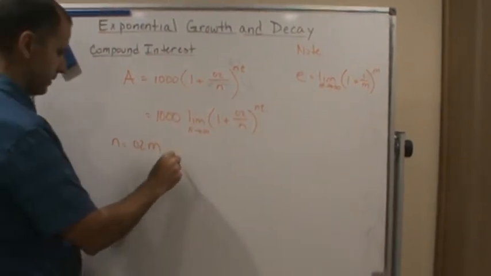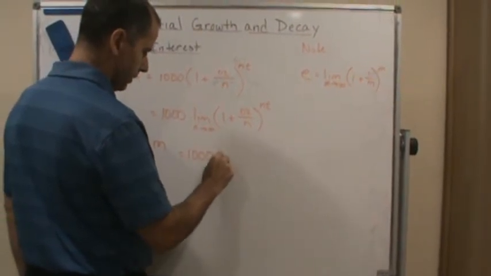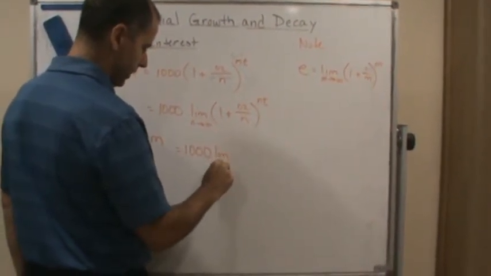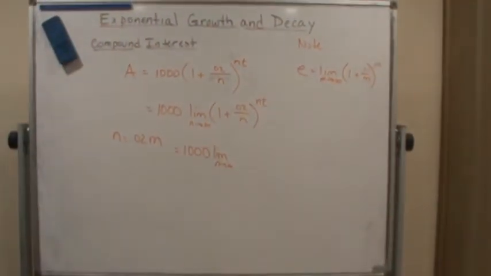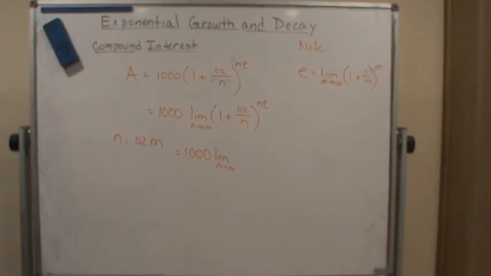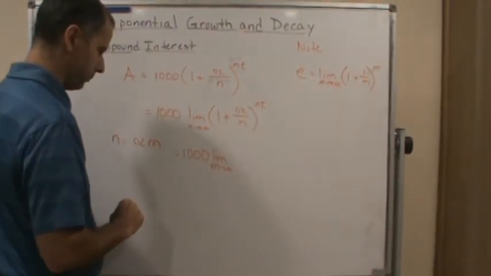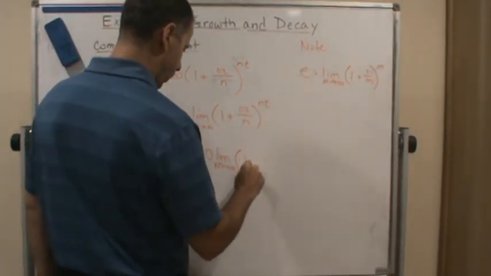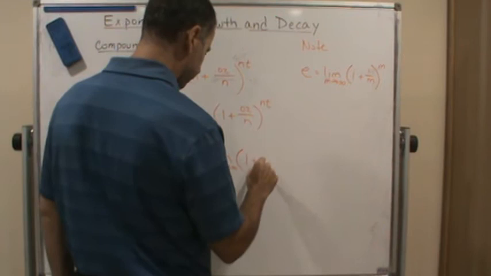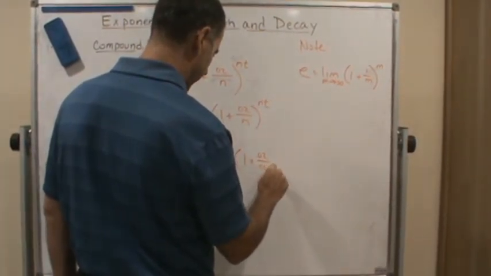And if we do that, what do we get? We get 1,000 times the limit as m approaches infinity, since we're dealing with m now, of 1 plus 0.02 over 0.02 m, right?